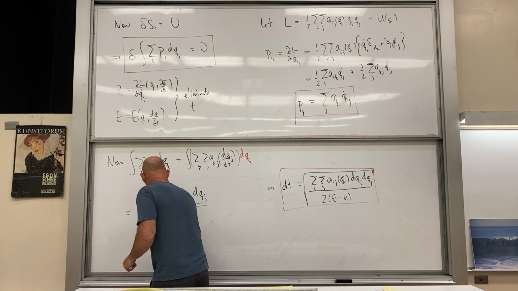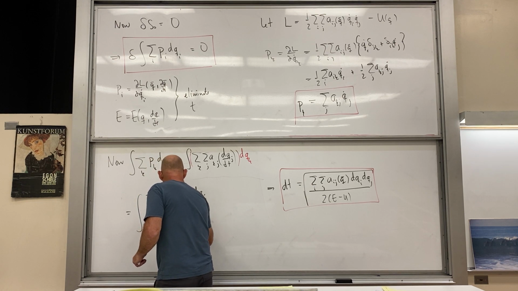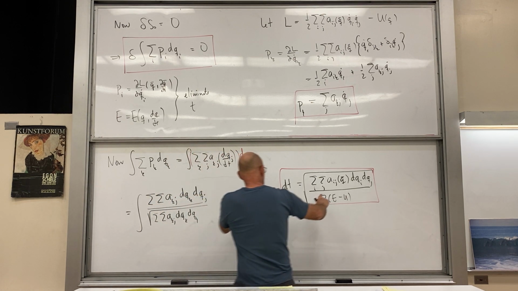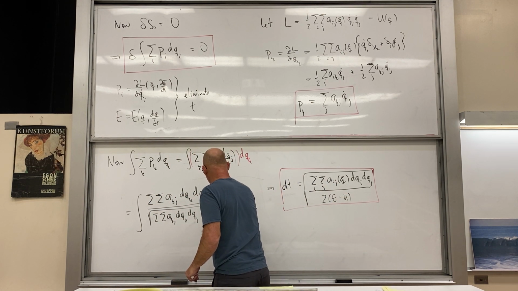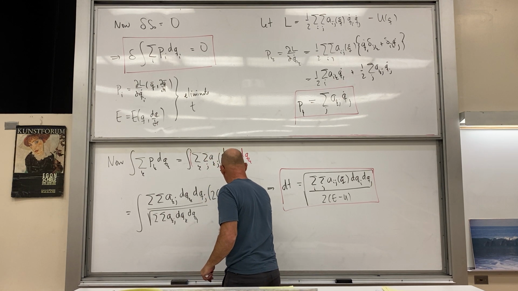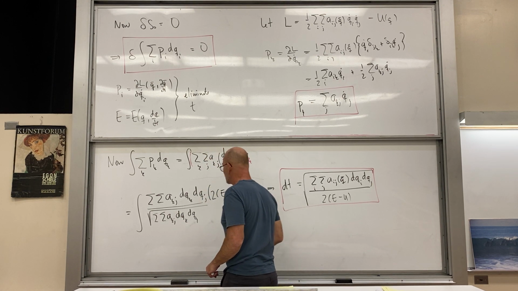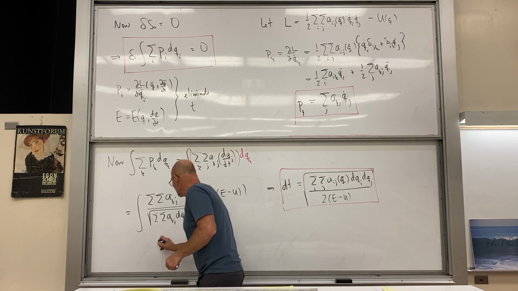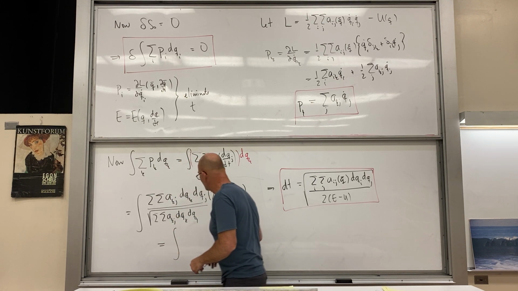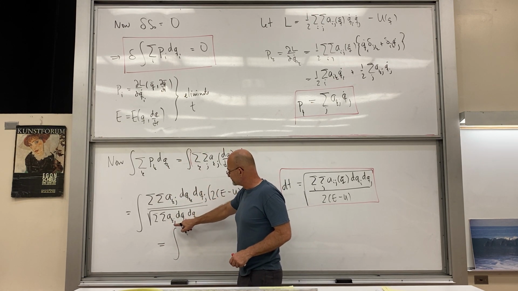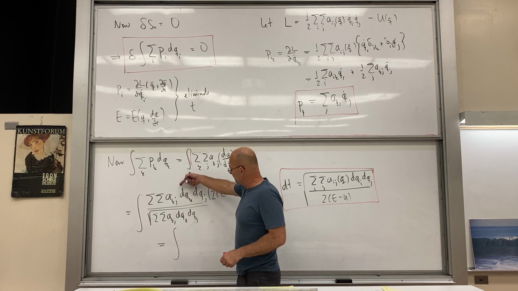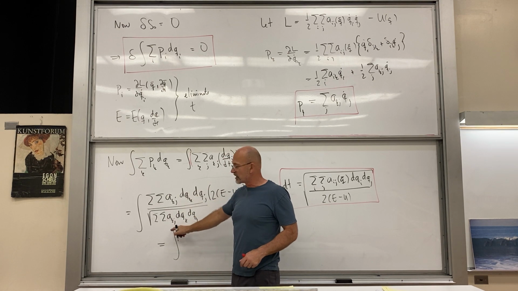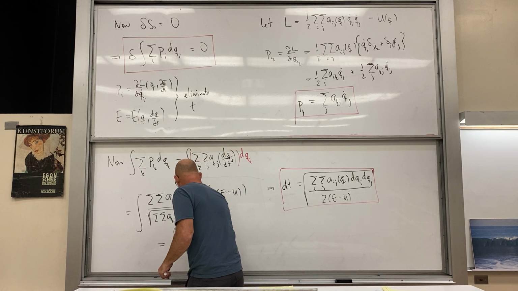So this is pretty amazing. Double sum a_kj dq_k dq_j, and the denominator of the denominator, we come up here with a 2 times (E minus U). And now we just have to simplify. Equals integral. Notice we cancel. This one is the entire expression, this one's the square root, so we're left with a square root.